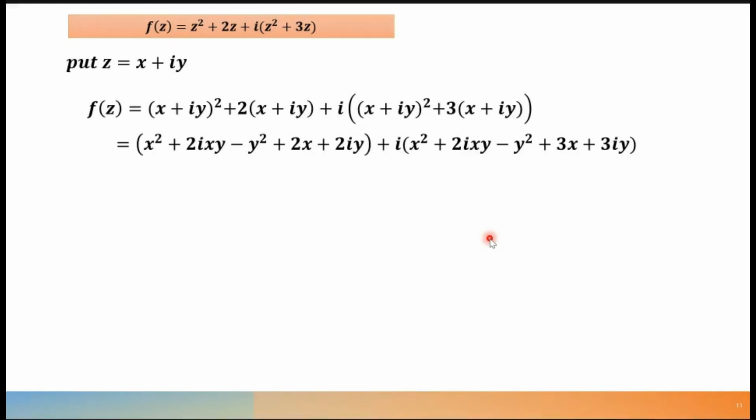2xy plus 2y plus x square minus y square plus 3y. Tejas has got 3x. And Vidya has got 3y.